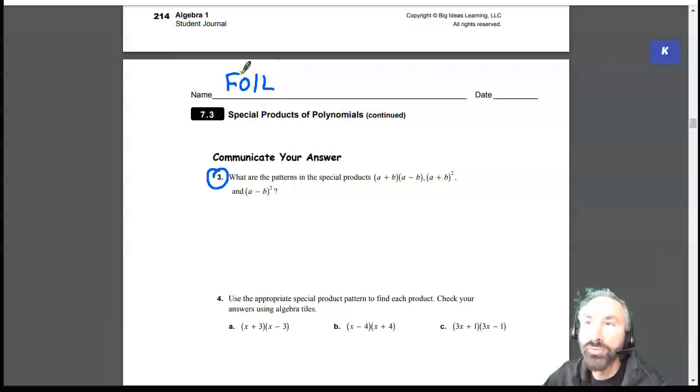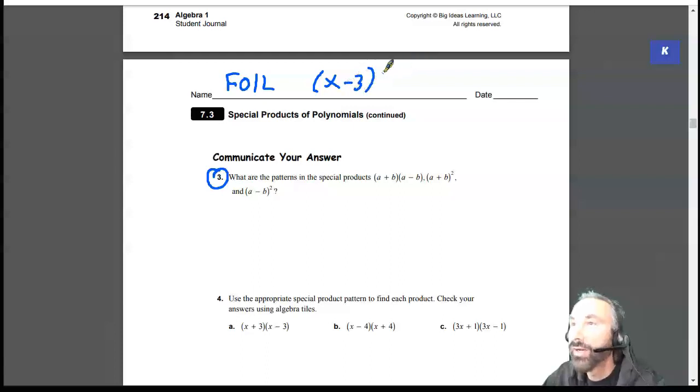FOIL means just multiply the first two things, then the outer two things, then the inner two things, then the last two things. So if we have something like x minus 3 times x plus 8, x times x are the first two things, so that would get me x squared. The outer two things are x times 8, so plus 8x.